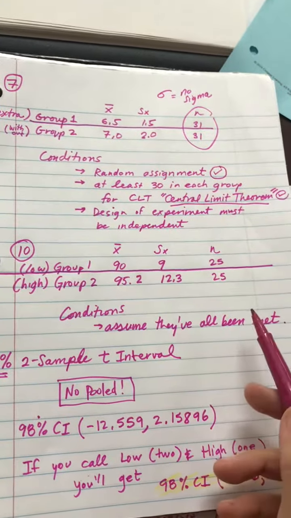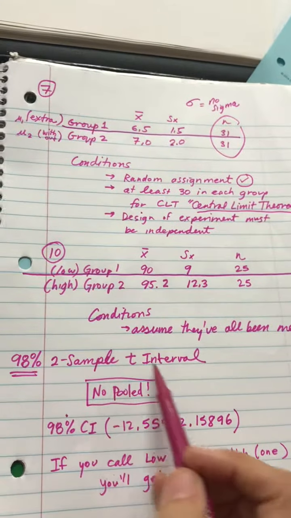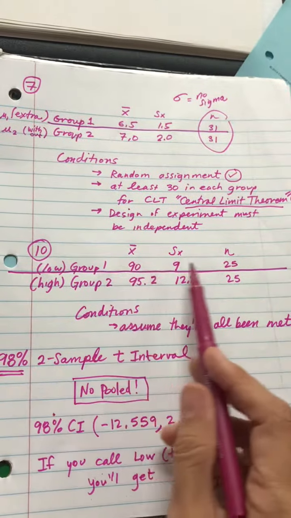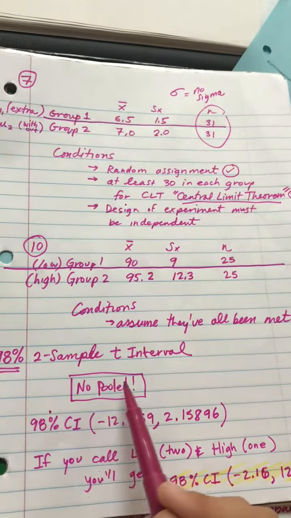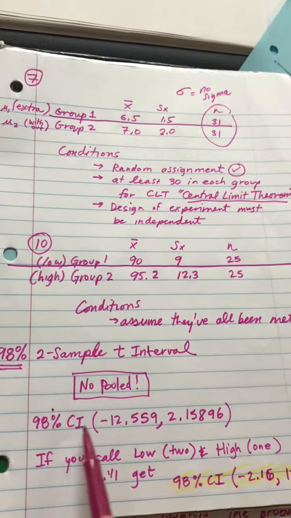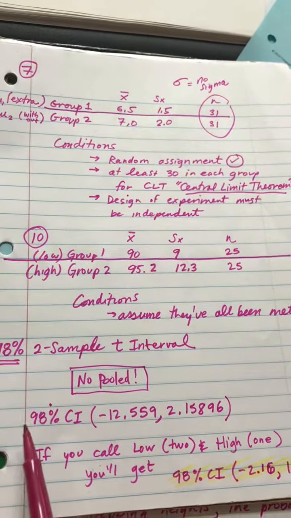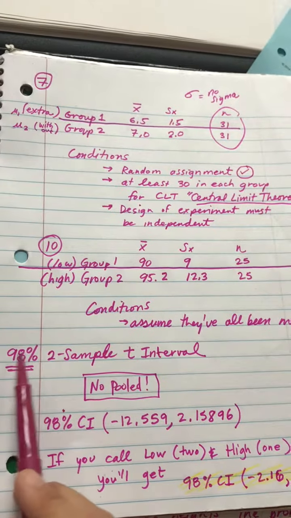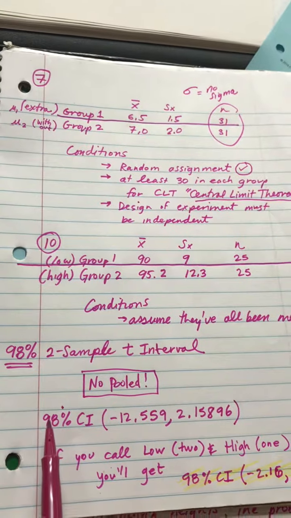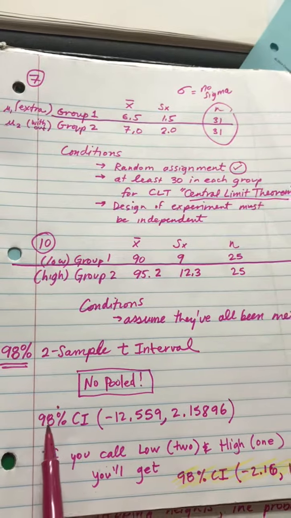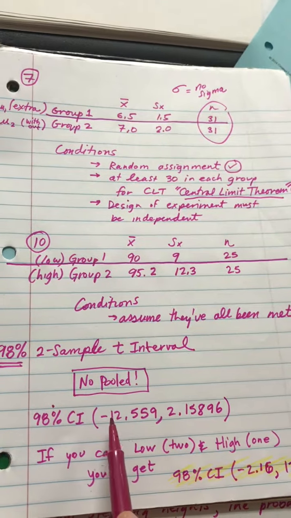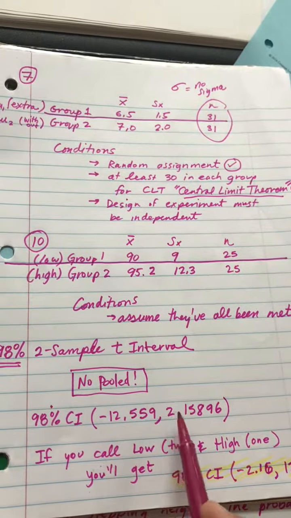Assume all that's good. Okay, so when you type this in your calculator, you're going to add these numbers in, make sure you don't get pooled, and I got this value in my calculator. So also be careful that you do 98. The default setting in the calculator is 0.95. So a 98% confidence interval goes from -12 to 2.